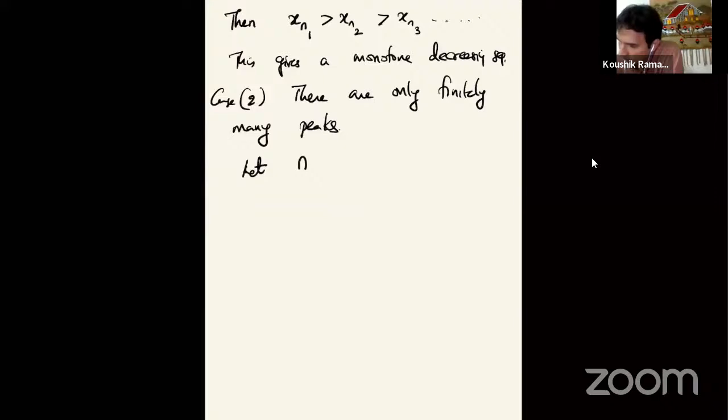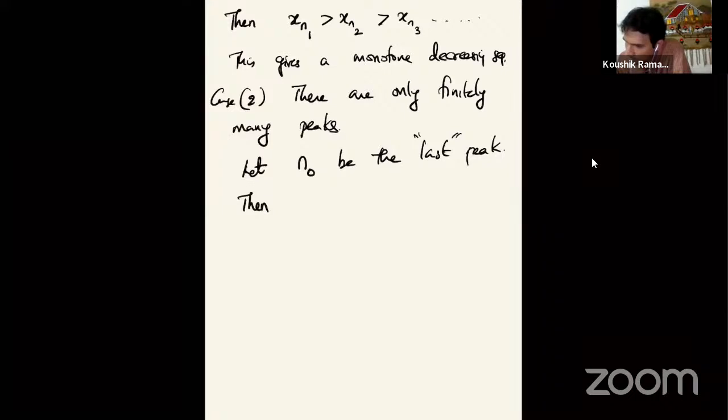Let's say n naught is the last peak. Since there are only finitely many peaks, any finite set of natural numbers has a largest element, so n naught is the last peak. Last means the largest index of the peaks.